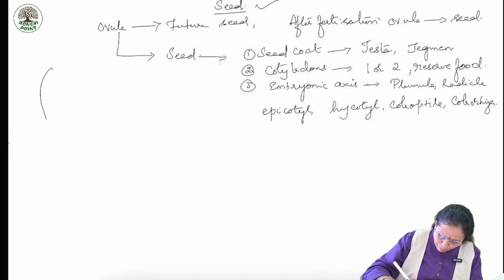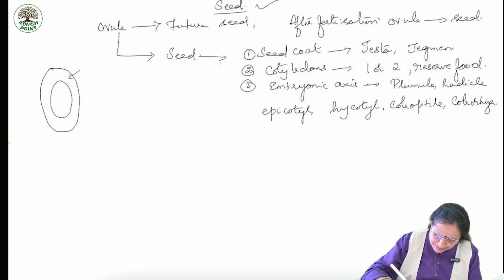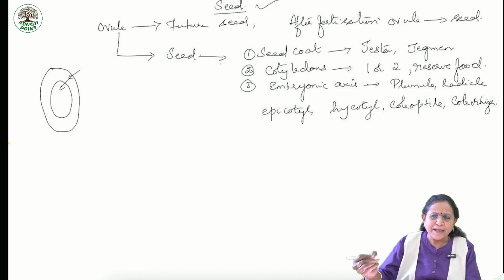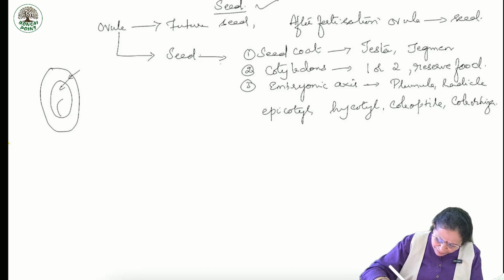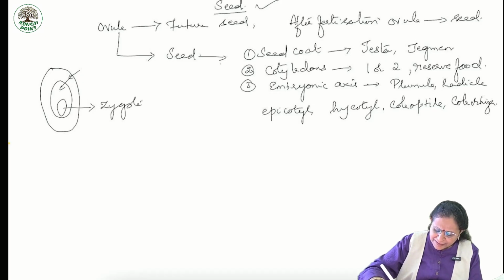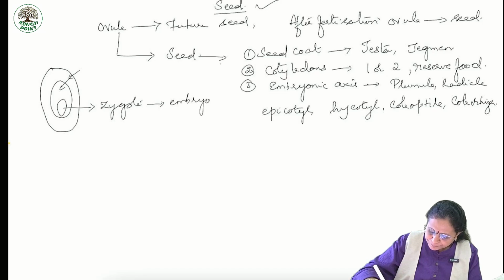When I explained about the nucellus, I told you this is the embryo sac, isn't it? And this nucellus supplies nourishment to the cells that are developing in the embryo sac. Now, what happens after fertilization? The egg becomes zygote. Later, after post-fertilization, the zygote becomes embryo.